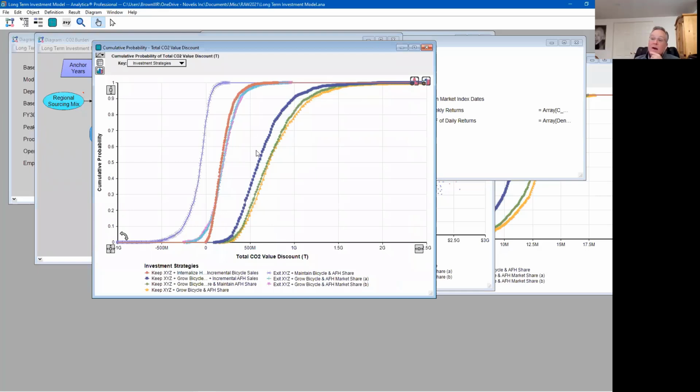So now I have a set of dollar figures that I can subtract from my net present value to readjust the value of the normal economic rate of return calculations to account for the value of the CO2 that's generated.